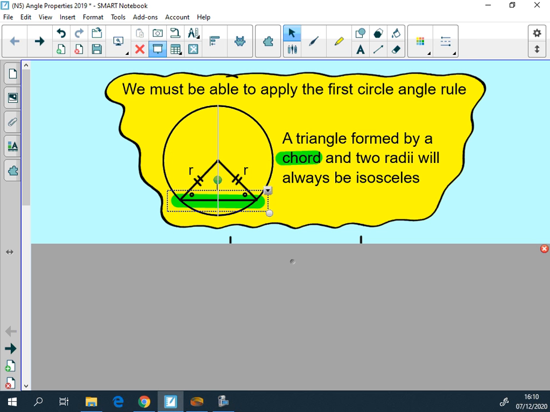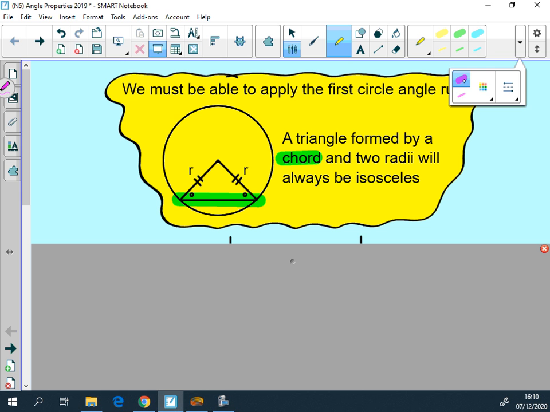So chords don't pass through the center. And we can make a triangle by using 2 radii, and that triangle will always be an isosceles. It's always an isosceles because those 2 radii are obviously the same length. So I can always form an isosceles triangle there.